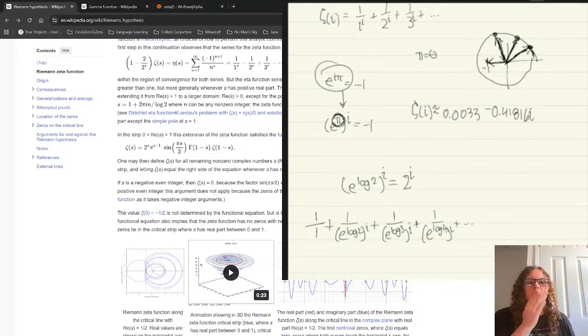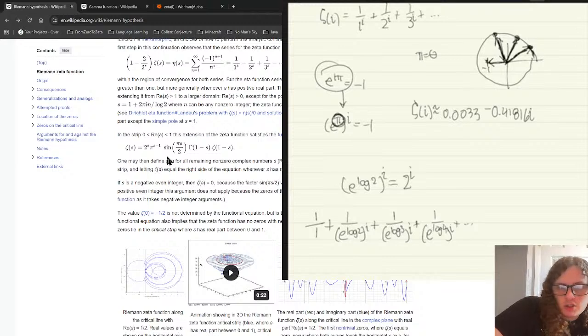Yeah, if s is a negative even integer, then zeta s equals 0 because of the sine factor. Okay, so they're the trivial zeros. So it does have a bunch of trivial zeros at the negative even integers because of this sine in the middle.